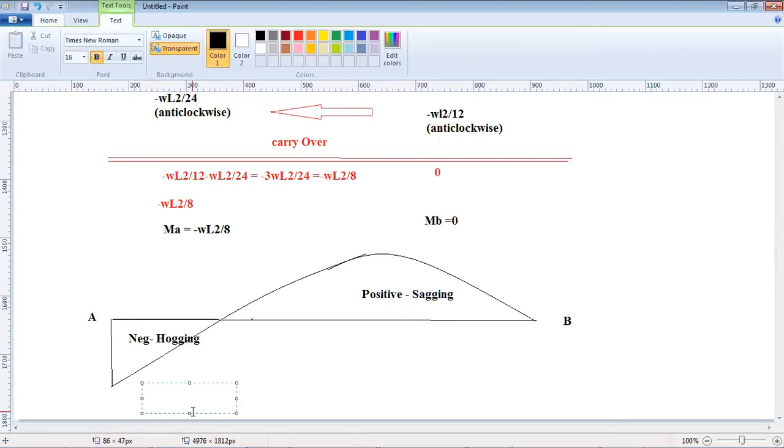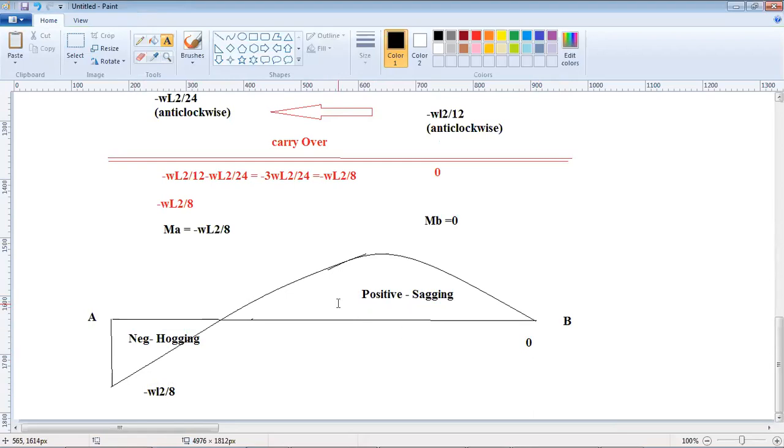Here we got the negative value minus WL square by 8. We got the value 0 here. Now can you determine this value? It's WL square by 16, this one.